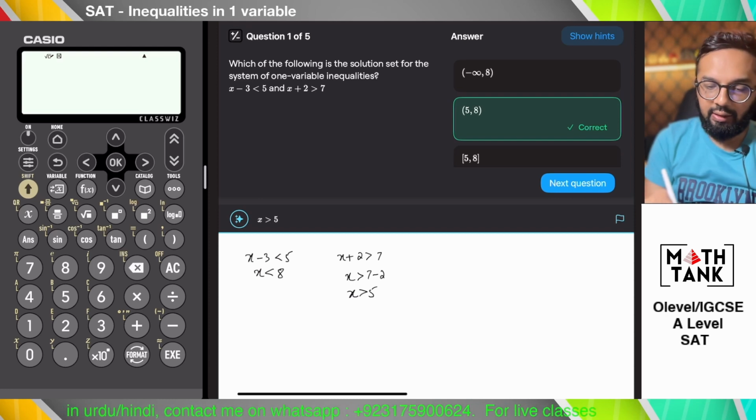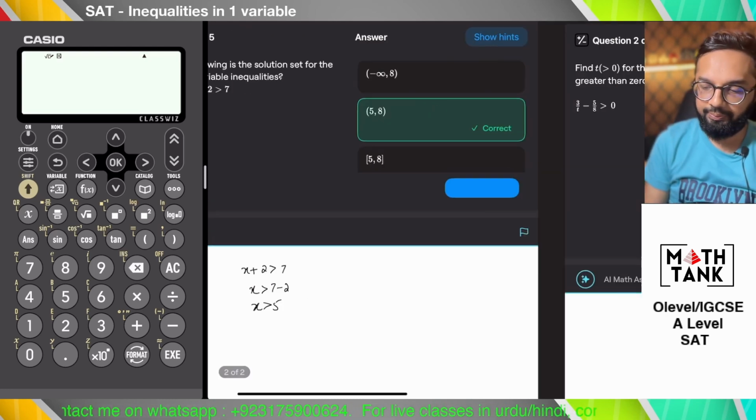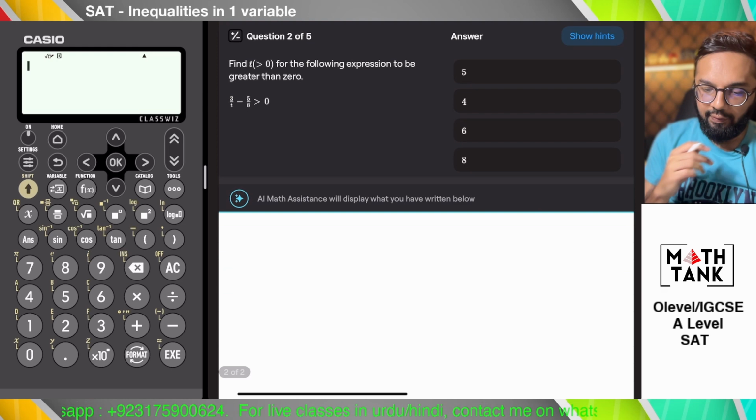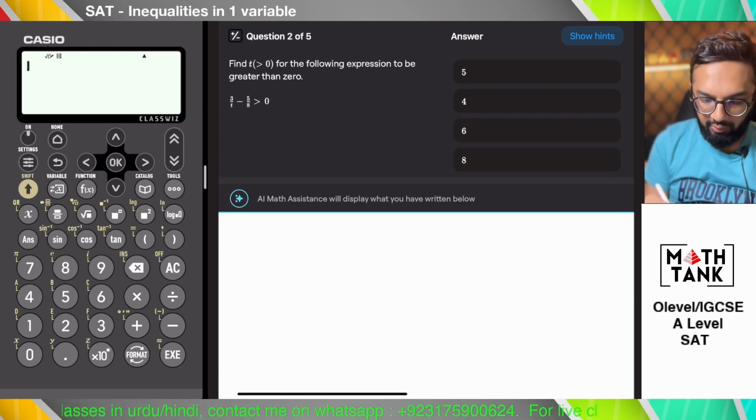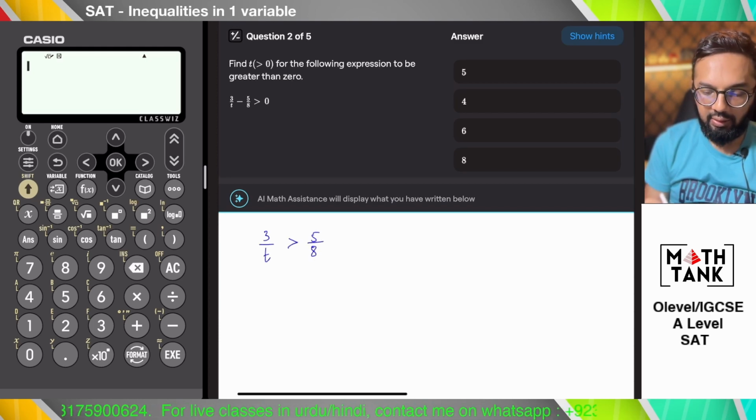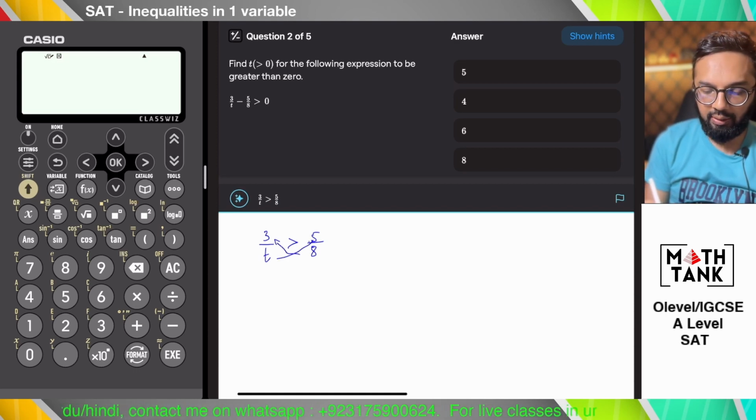Okay, that's correct. Let's move on to the next question. It says find t greater than 0 for the following expressions to be greater than 0. So 3 over t is greater than 5 over 8. Now I will cross multiply. This will come here and this will come there.